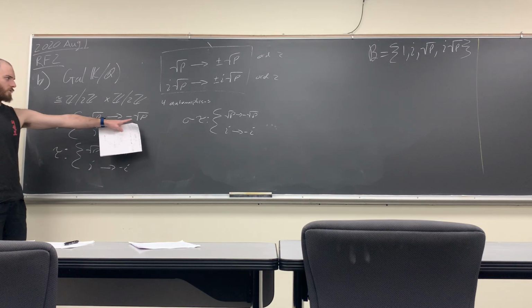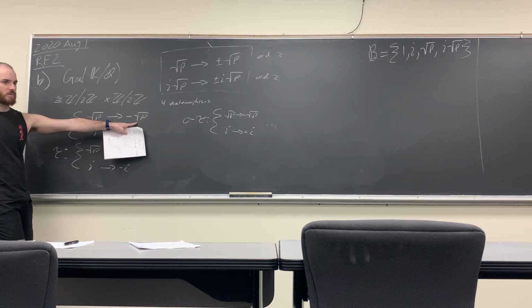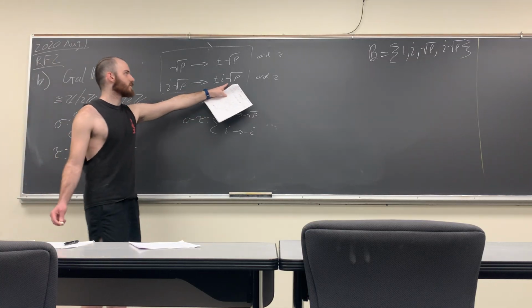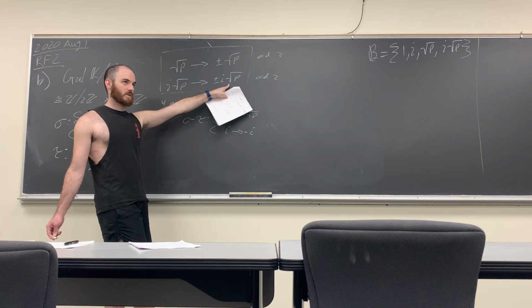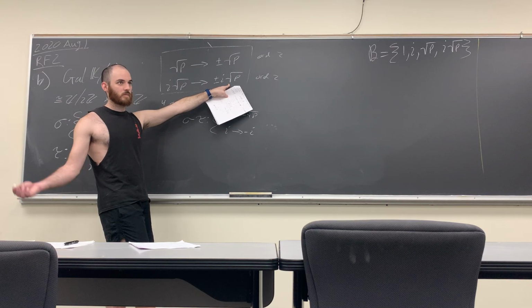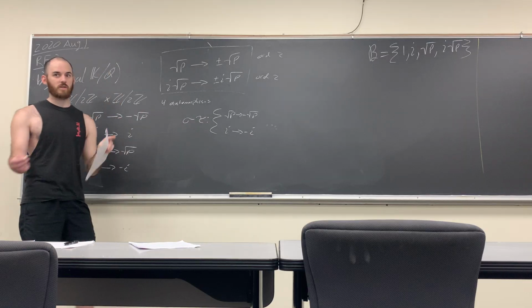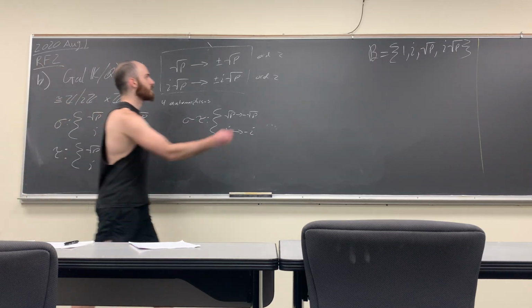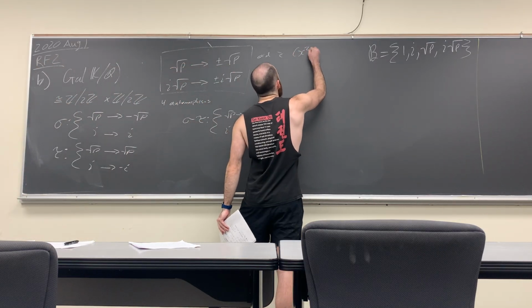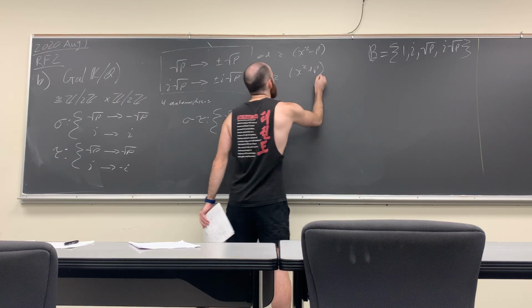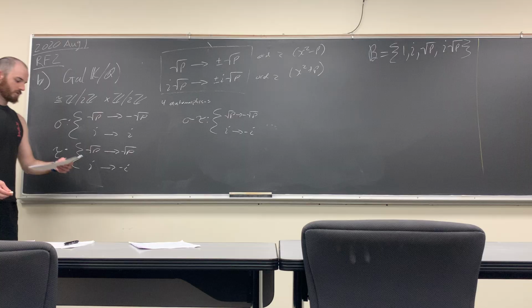Because this one is a root of the irreducible x squared minus p. The other one, i root p, is a root of the irreducible x squared plus p. And so they can't swap to each other's irreducible polynomials. Right, thank you. Cool, great question.